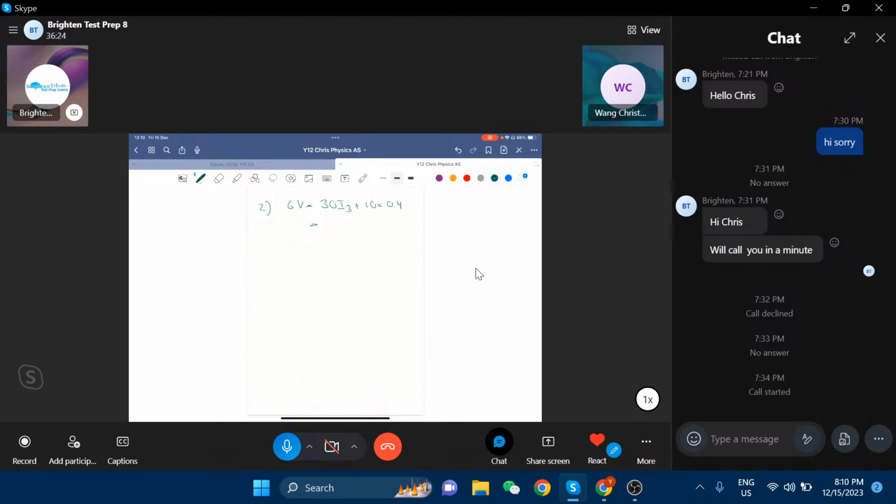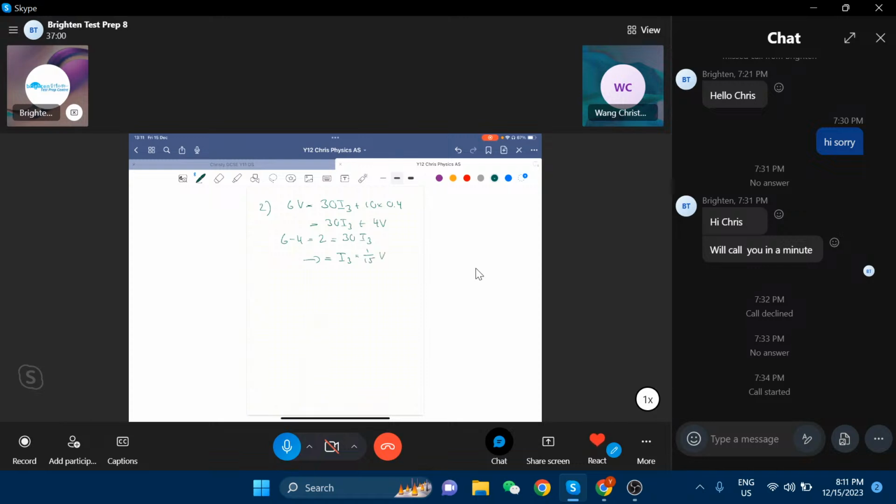Which of course is obviously 4 volts. That is still 30 I3. So how do we resolve that, Chris? 6 minus 4 equals 2 volts equals 30 ohm times current. And hence I3 is how much? 1/15.